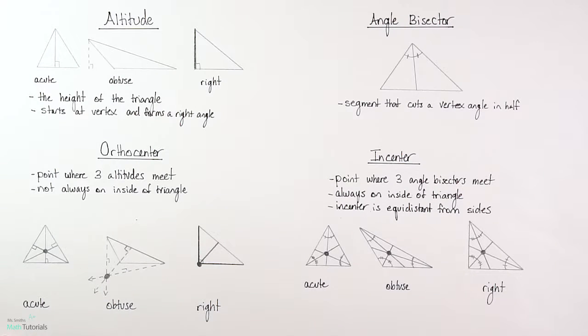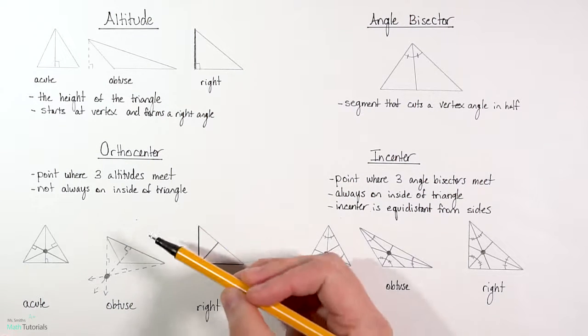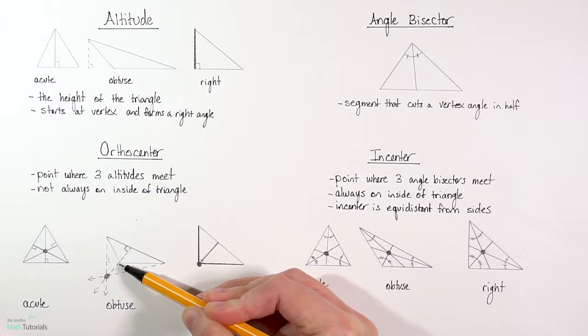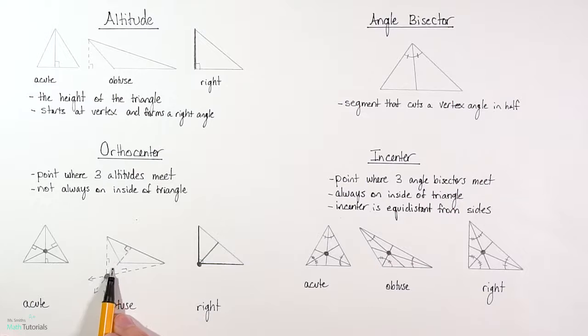I'm not going to do it because it's going to kind of mess up my setup here, but this would be our extending height for that vertex. And then this would be the height for that vertex. But if we were to extend each of these beyond that point, eventually we would find the orthocenter, and it would be located outside of the triangle. That is a tricky one.